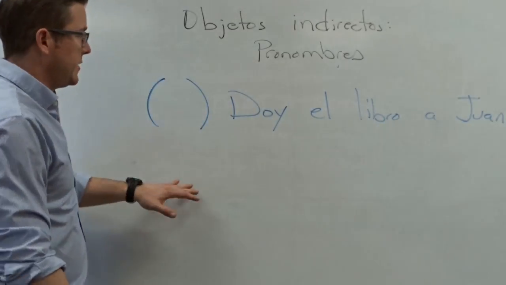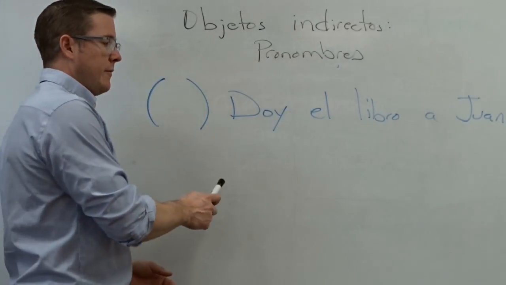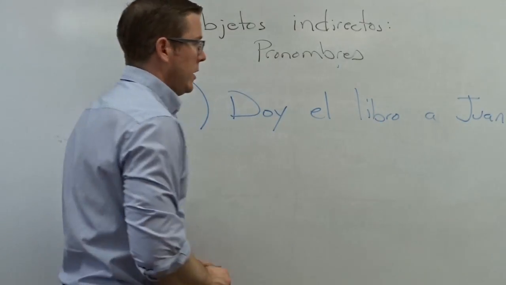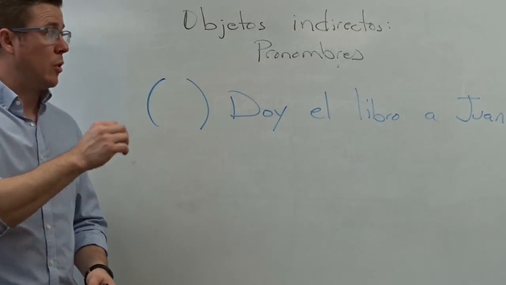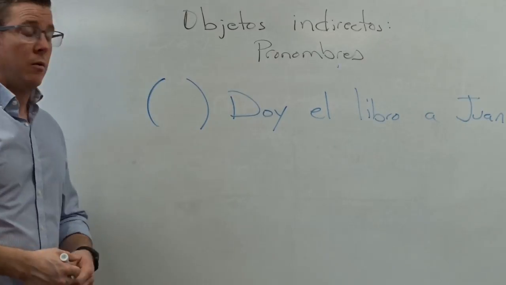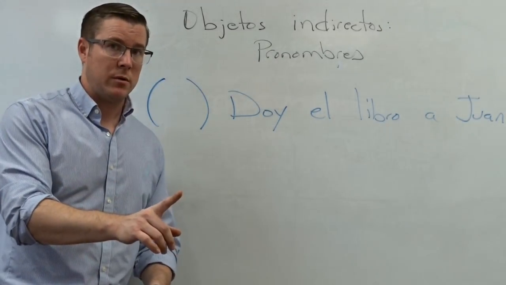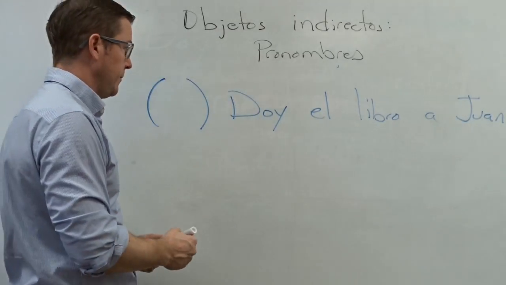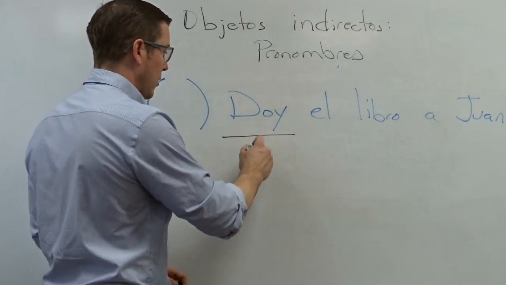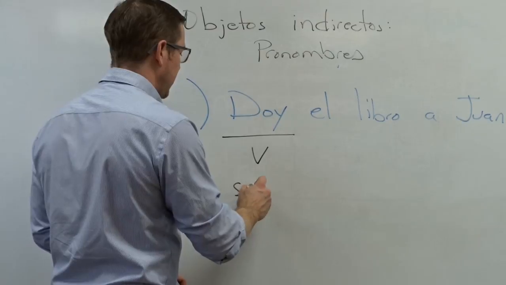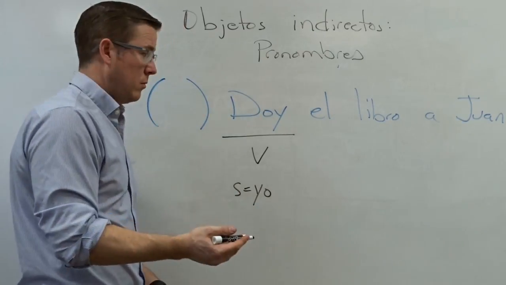All right, let's take a look at this example. Doy el libro a Juan. Now, as always, first thing we want to do is find the verb and then identify the subject. So, doy is my verb and my subject is yo.